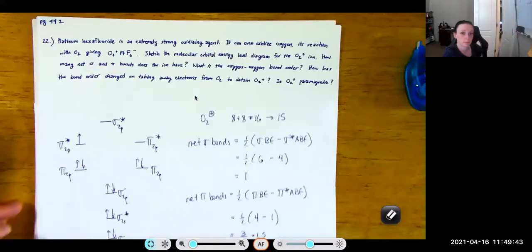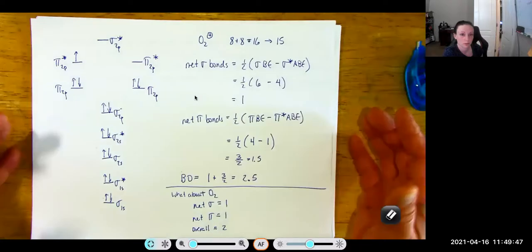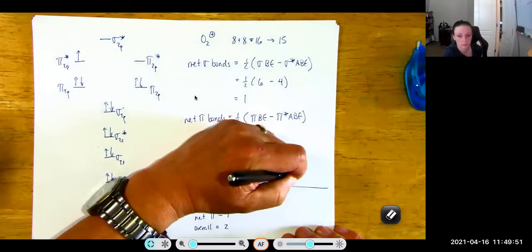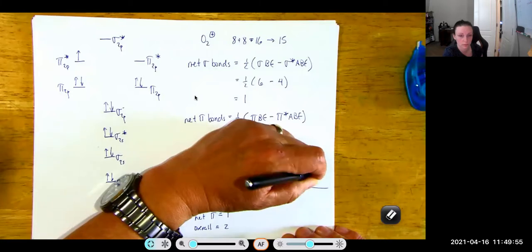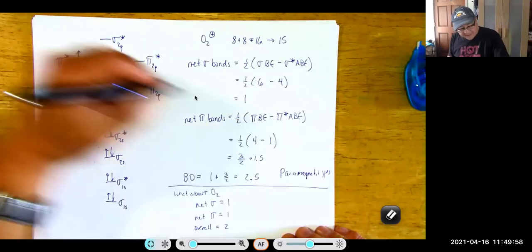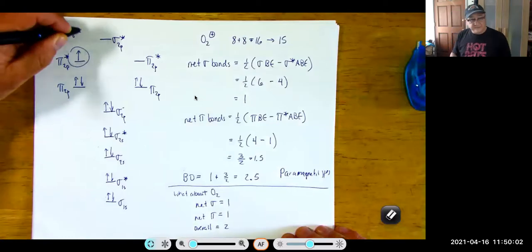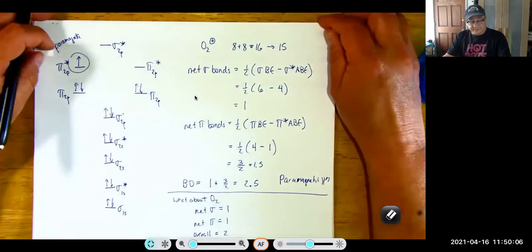Is O2 plus paramagnetic? Yeah. And this is what makes it paramagnetic. Okay?